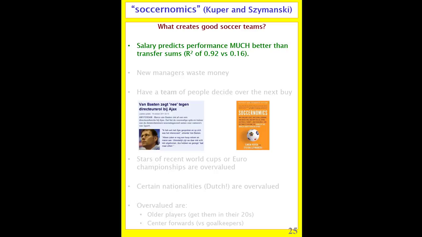So the correlation between the salary of a whole team and performance over a season is really high, the square root of 0.92, which is close to 1. Salary does predict how well teams are doing, quite well. Whereas the transfer sums don't predict it very well. There is still a relation between the two. 0.16 is the R squared, so the correlation between the two is the square root of that, but it is way, way less. That's just to give you a feel of the kind of results you can find.